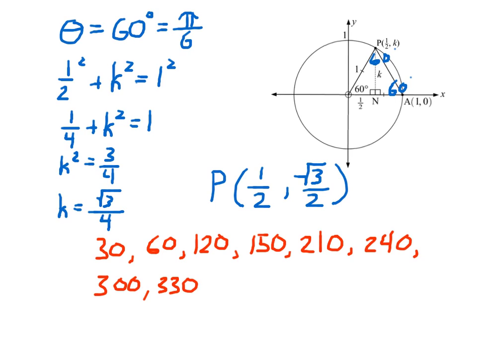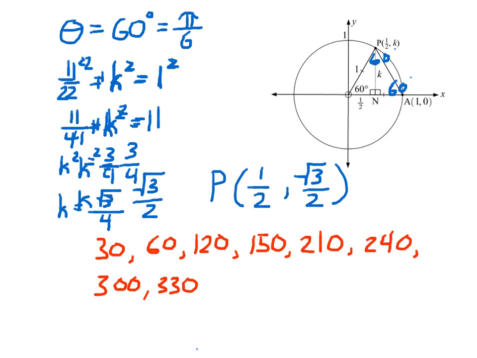Notice we don't do 90, 180, 270, and 360 because we already know the coordinates of those points on the unit circle. We already know the sines and cosines of those angles.